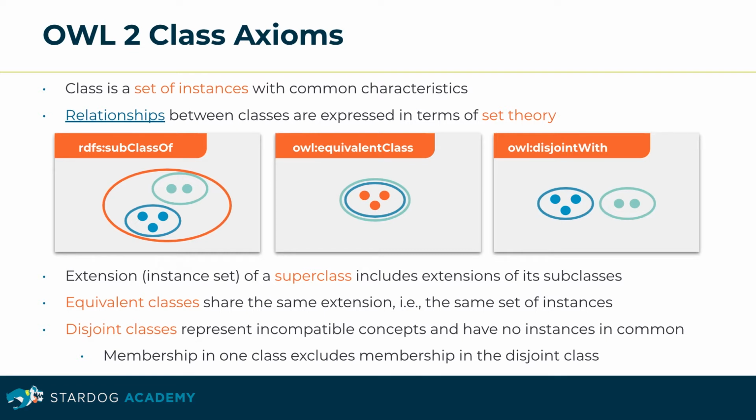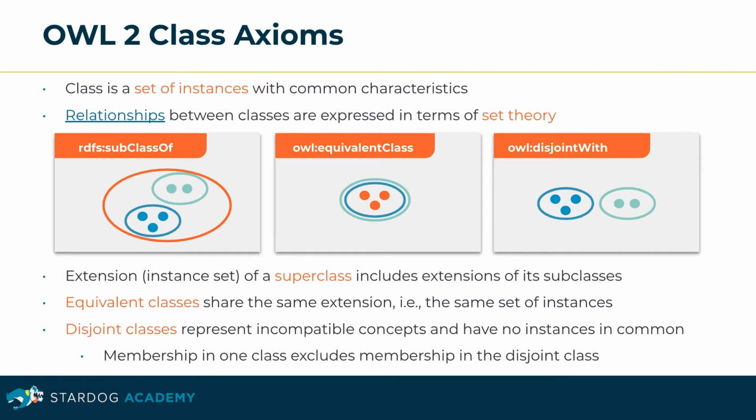You may think of equivalent classes as mutually subclassing each other. The concepts song and track may be used interchangeably in our toy domain and thus represent two equivalent classes. Disjoint classes represent incompatible concepts and have no instances in common. Such members of one class may not at the same time be members of the other class.